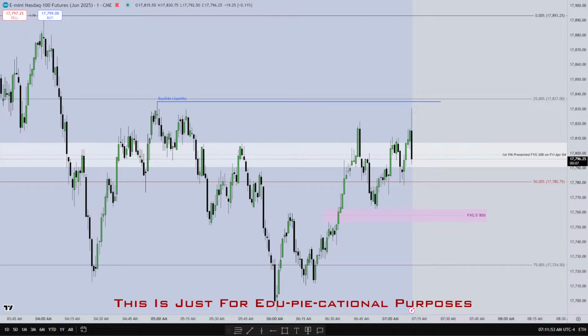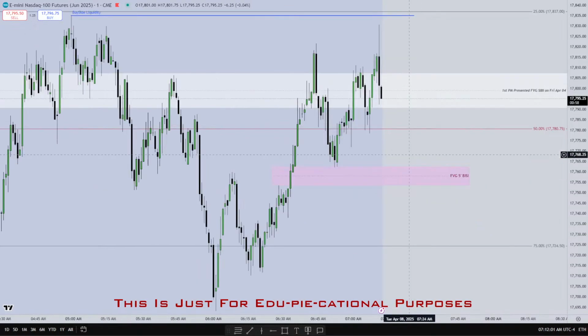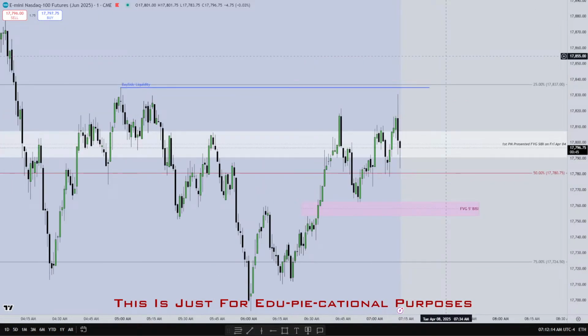we are seeing that the market already had an attempt to reach the buy side liquidity here, and now it's inside the small BC formed here in the first fair value gap of the PM session. Now we are at 712 and we are waiting for the market to see what happens.